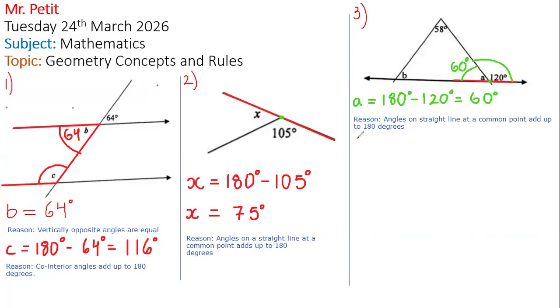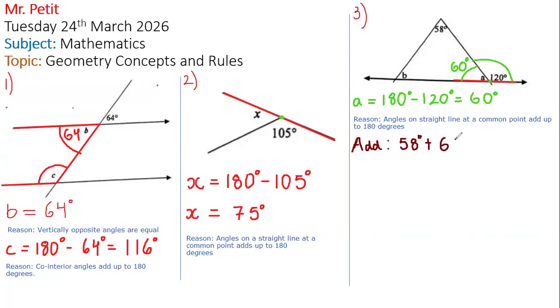Class, you wanna help out? How are we gonna get B? Add 58 and 60 together. So we're gonna add 58 degrees and 60.